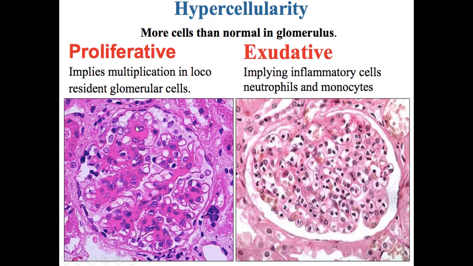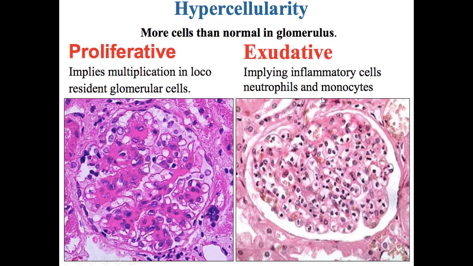Proliferative means that the normal glomerular cells increased, like the mesangial cells or endothelial cells. But exudative means that abnormal cells like inflammatory cells, lymphocytes, monocytes, and macrophages come to the glomerulus and occupy the capillary space, but the result is the same: deterioration of the function, hypertension, and hematuria.